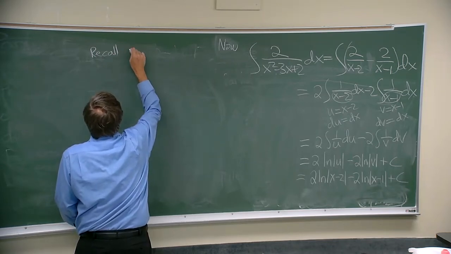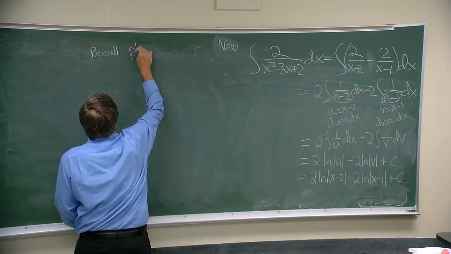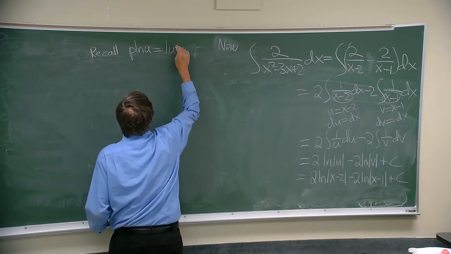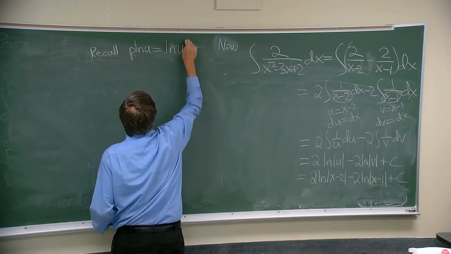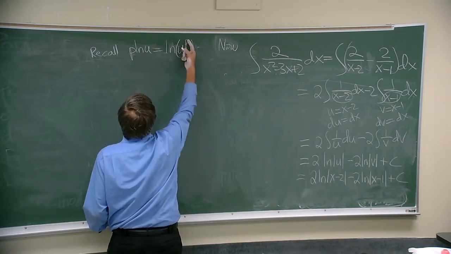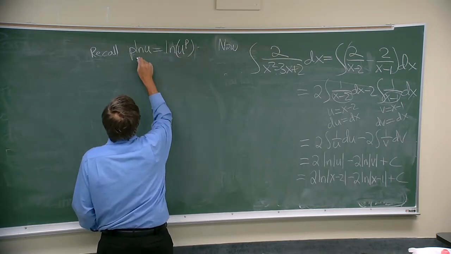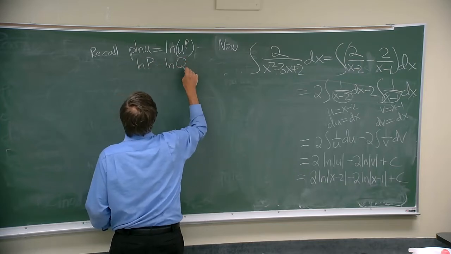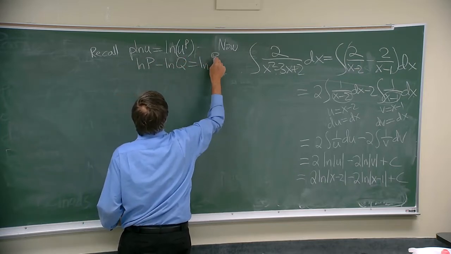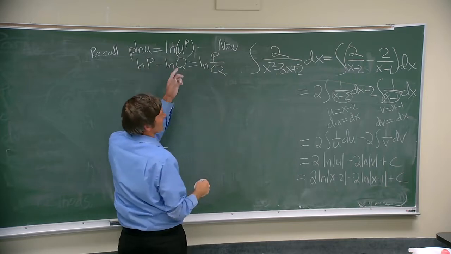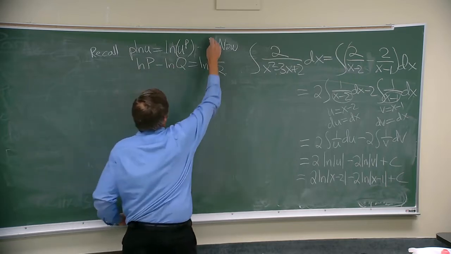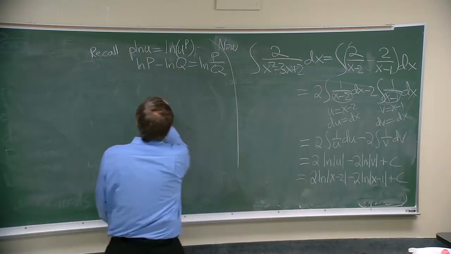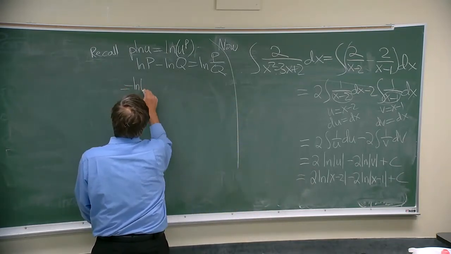All right, so recall from algebra, again, more algebra, that if you take p times the natural log of u, it's equal to the natural log of u to the p. The power comes up. And also we have this property: natural log of P minus natural log of Q is the natural log of P over Q. It works for any logarithm, but in particular we're using the natural logarithm here.